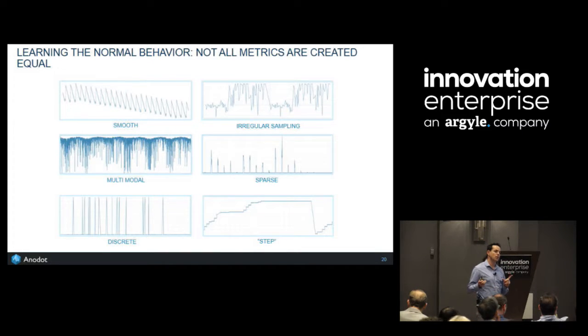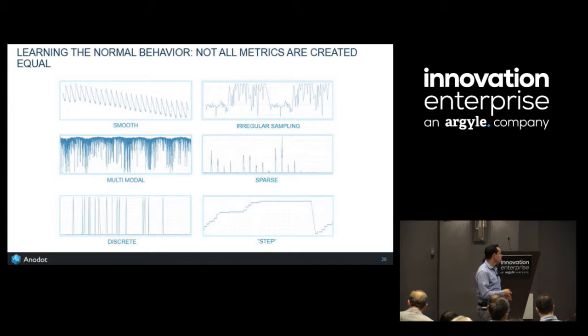If you have a system that knows how to deal with only one signal type, and mostly we see that companies that try to build it by themselves focus on smooth behavior, then it will not be good enough. Learning of smooth behavior might be okay, but all the rest of the signals will not be learned well, and you will start to get alerts on things that are actually normal behavior.